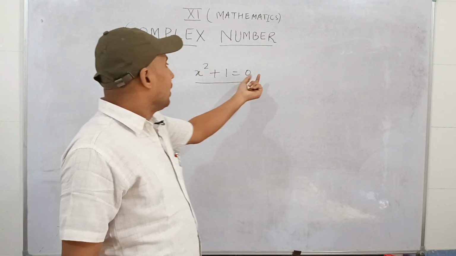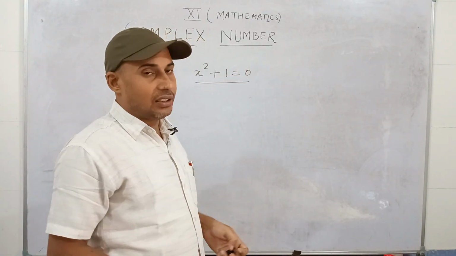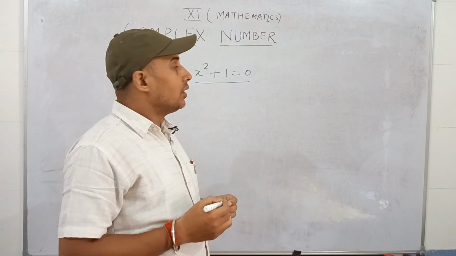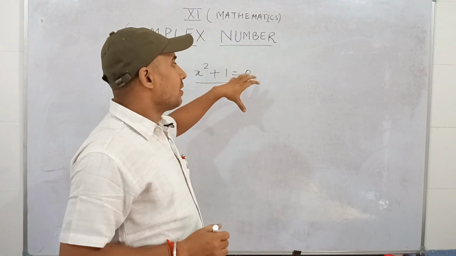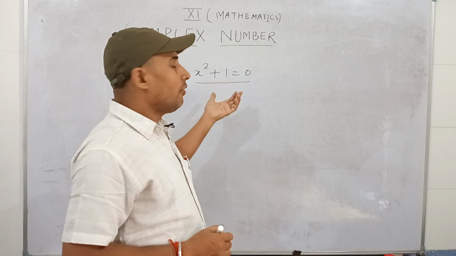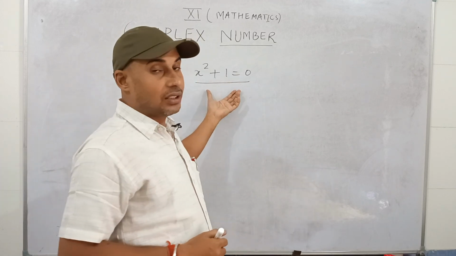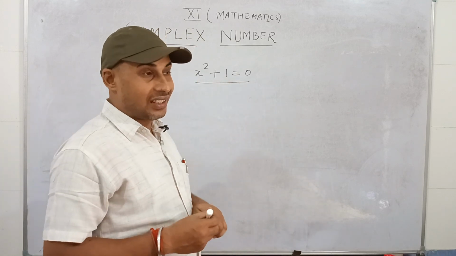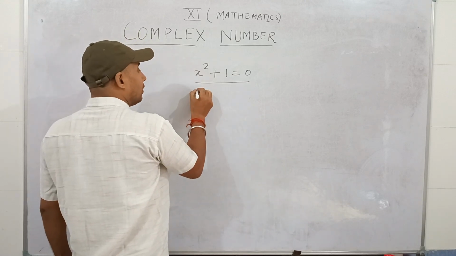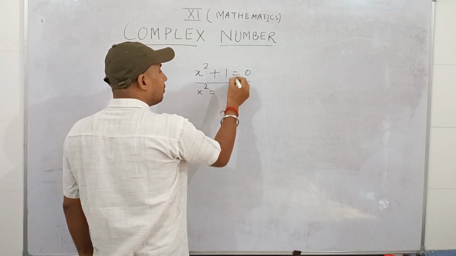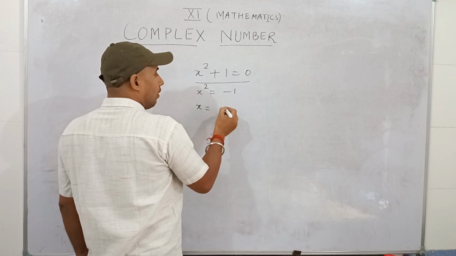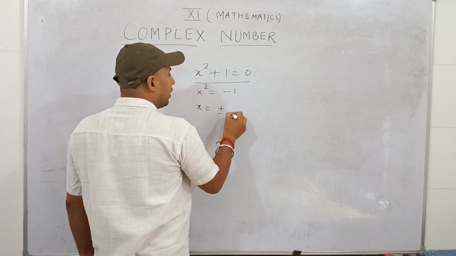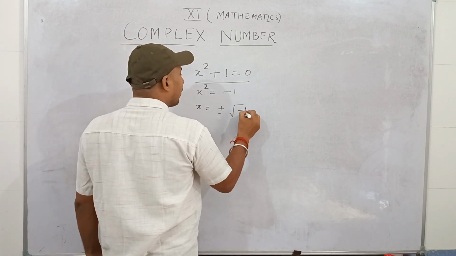x² + 1 = 0। This is the quadratic equation, and if we find the solution of this equation, then x² = -1, so x = ± under root -1.